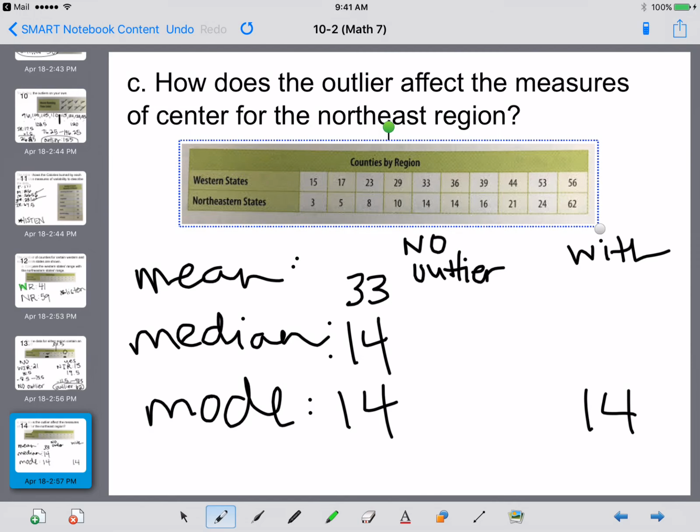So our mean, including the outlier, gets us at 22.2. And our median then is between 14 and 14. So our median then would be 14.